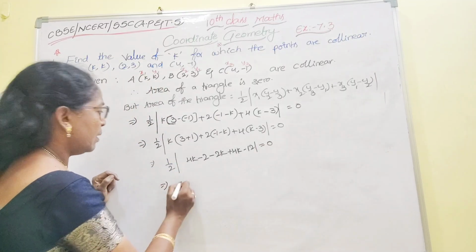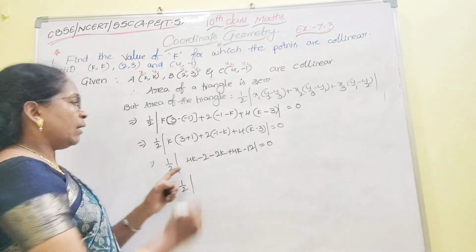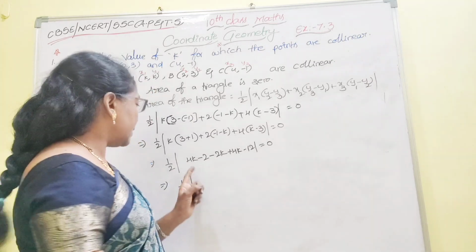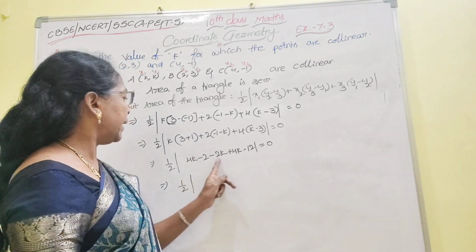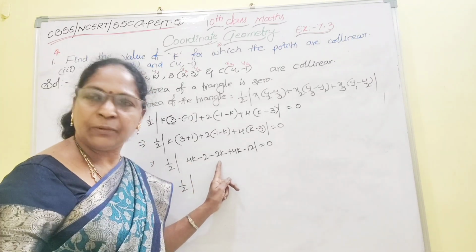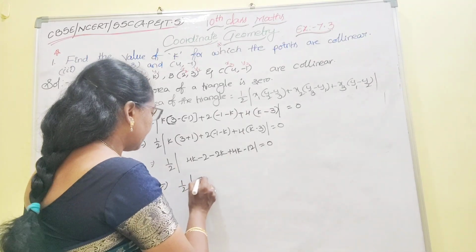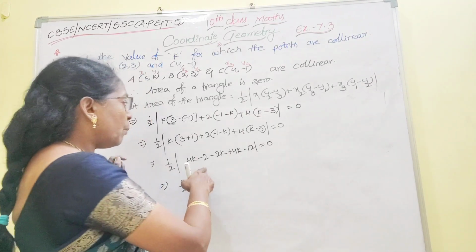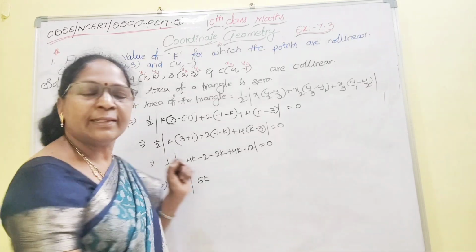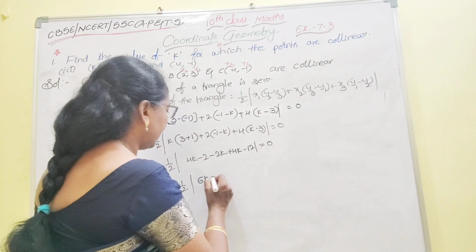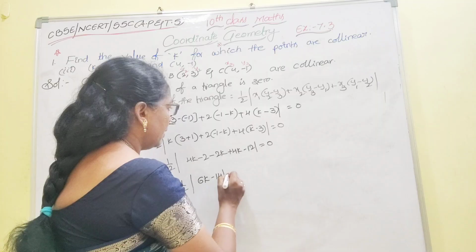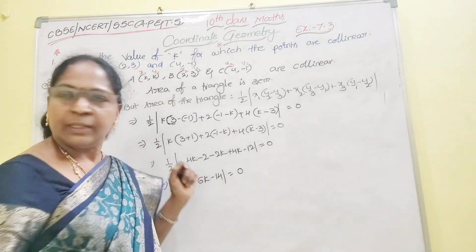Now half into, all variable terms you have to consider. First simplify: 4k minus 2k equals 2k, 2k plus 4k equals 6k. Next, minus 2 minus 12 equals minus 14, equals 0.